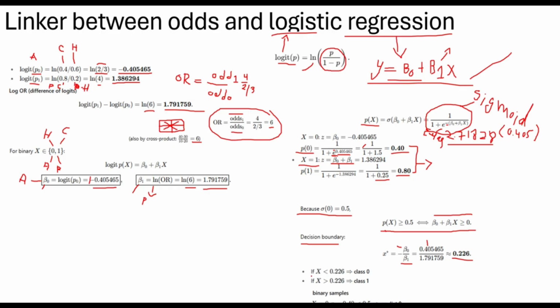If your x falls below 0.226, it will be classified as class 0, which is healthy. If x is greater than 0.226, it will be classified as cancer. In this way we will classify our new, upcoming samples.